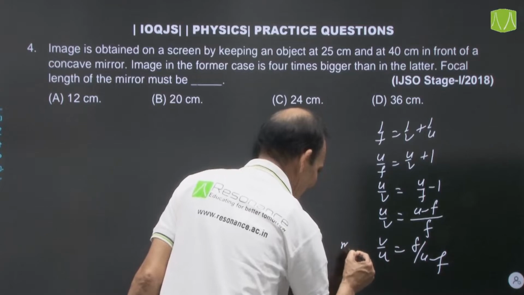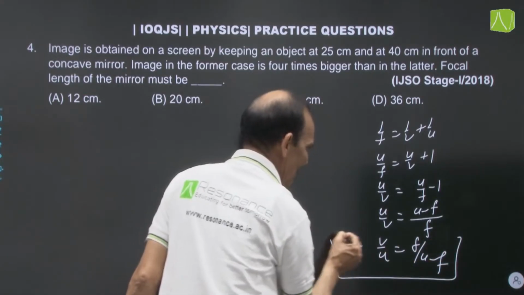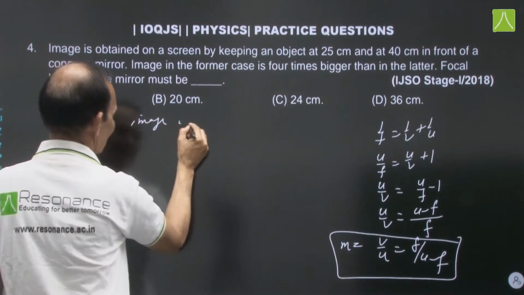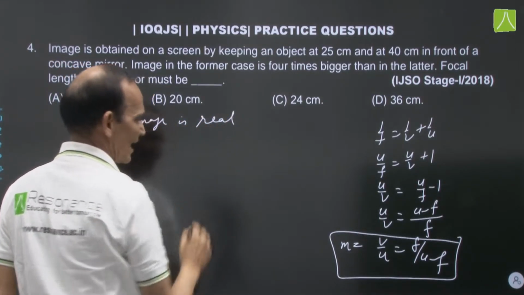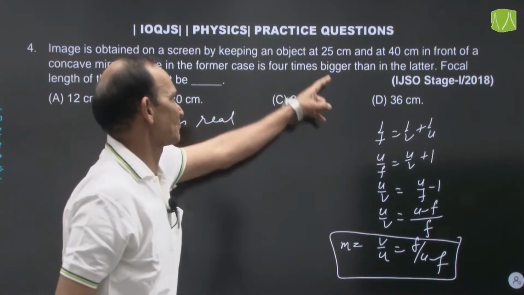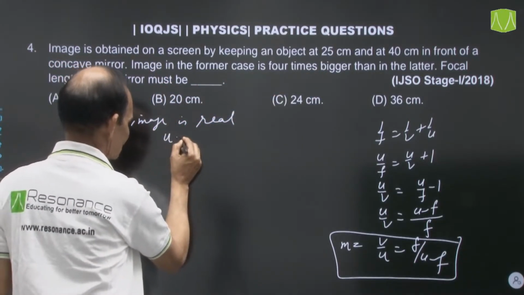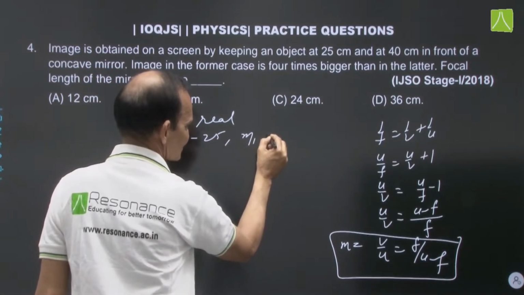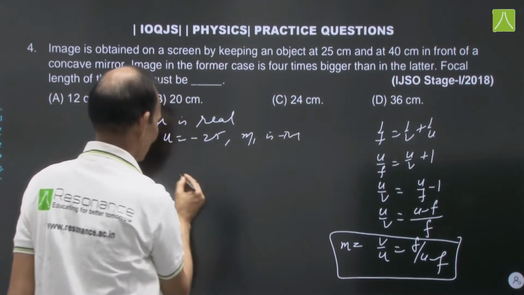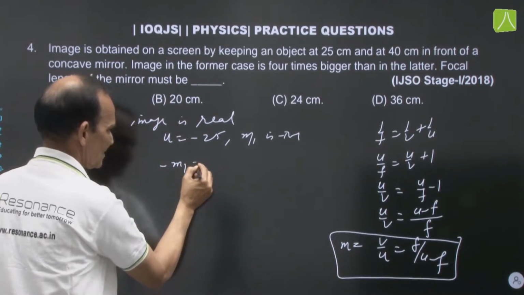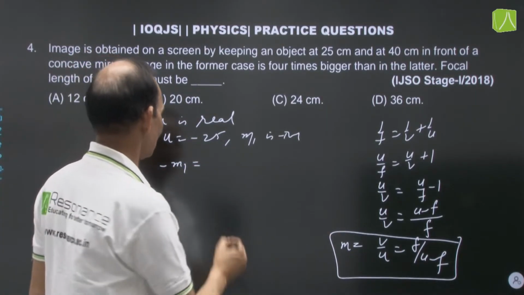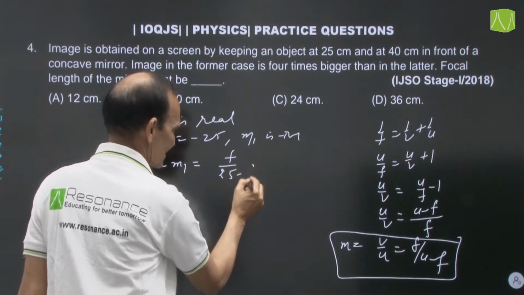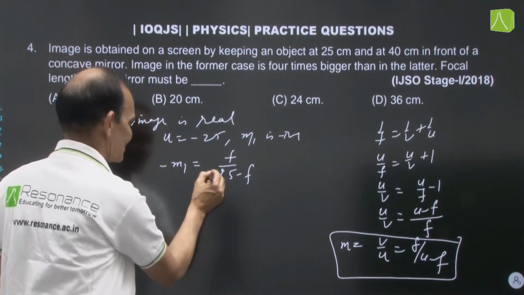It is a magnification. Image is real on a screen, so m will be negative. In the first case, when u is minus 25, m1 is negative. So we can write minus m1 is equals to, by this formula, f upon u minus f, but u is minus 25, so f upon minus 25 minus f.